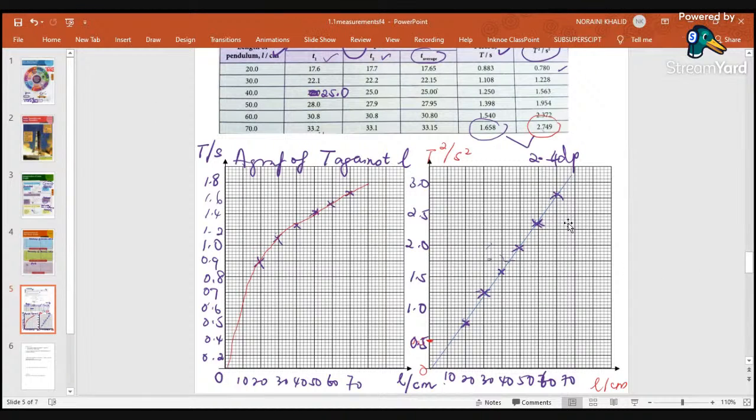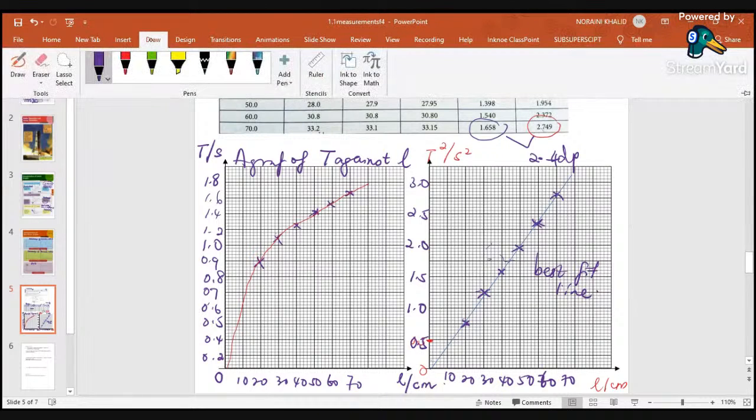We have this kind of graph, a straight line graph, and make sure it is a best fit line. Make sure there is no thick line or any broken parts in the line. Make sure it is a straight, sharp and smooth line also. If it can pass through all the points, that is the best one.